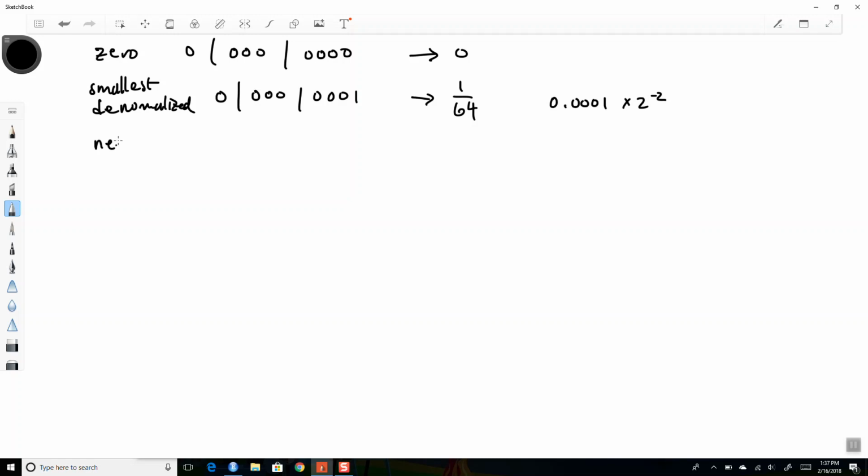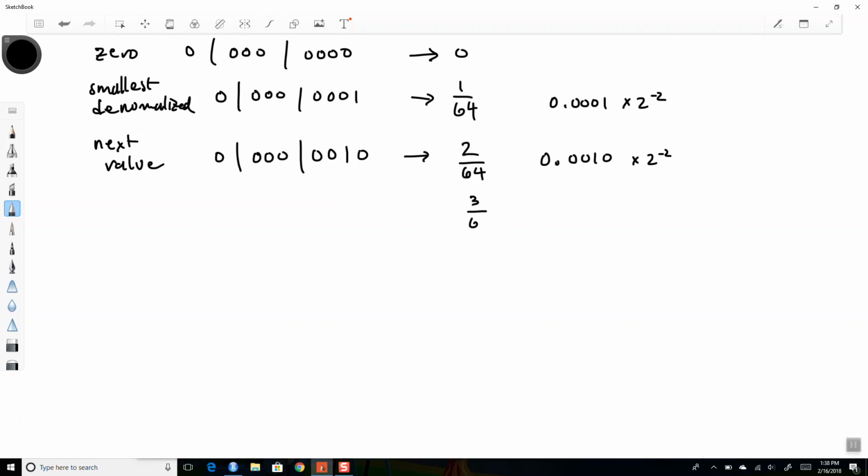The next value we can represent bitwise would be 0, 0, 0, 0, 0, 0, 1, 0, and this would be 2/64, 0.0010 times 2 to the negative 2. The next after that would be 3/64, basically 0, 0, 1, 1, and so on.